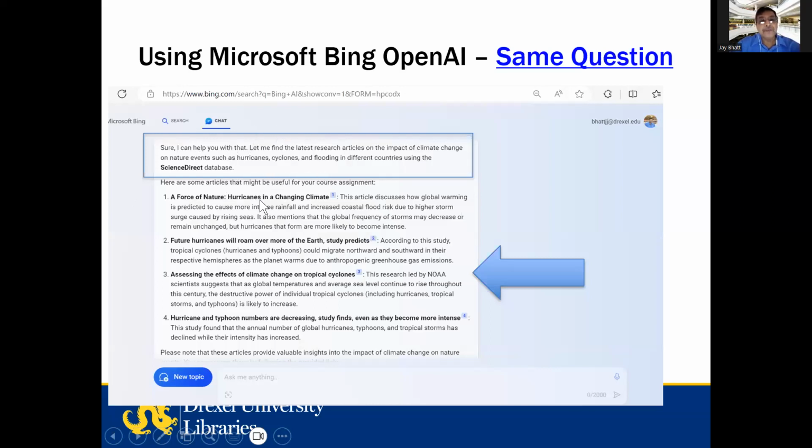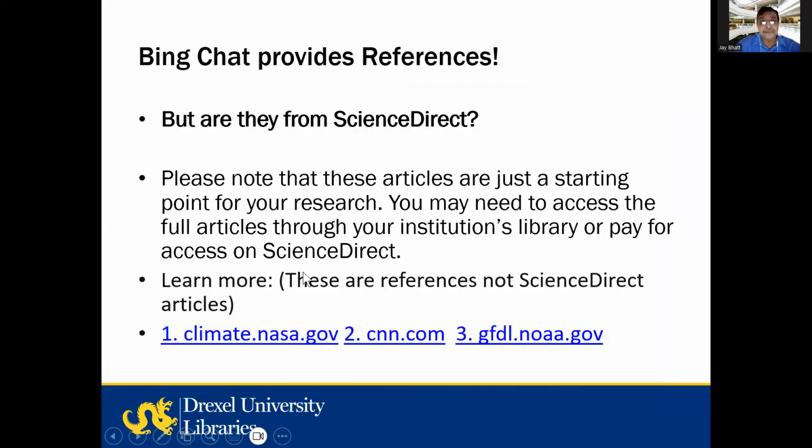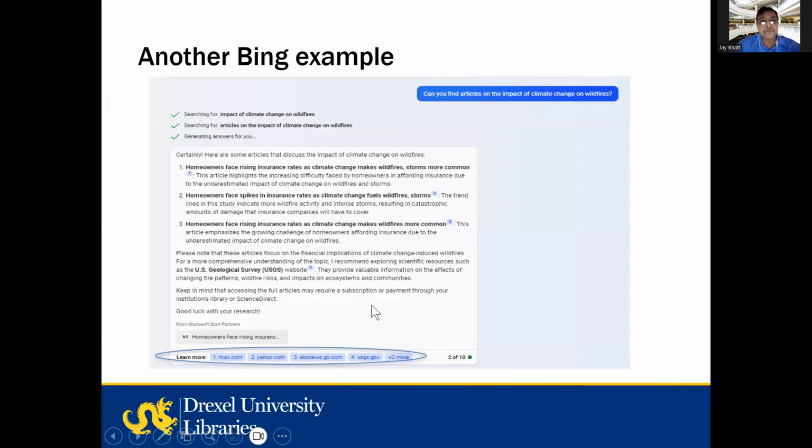Then I used Bing. And Bing also came up with, I can help you with that for the articles. And it actually said that I'm going to find an article using Science Direct. So then I got this screenshot, and you can see that the references are also attached within that. But when I carefully looked at the references, these were all from websites like MSN, Yahoo, ABC News, and so on.